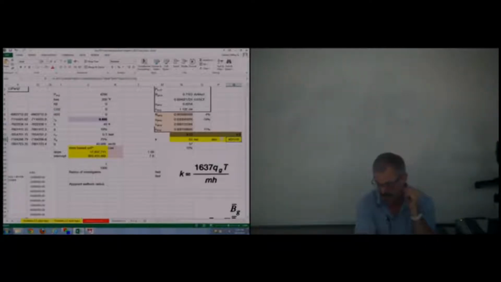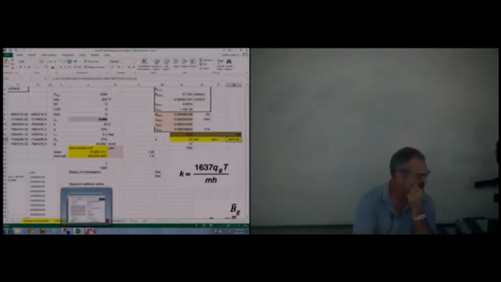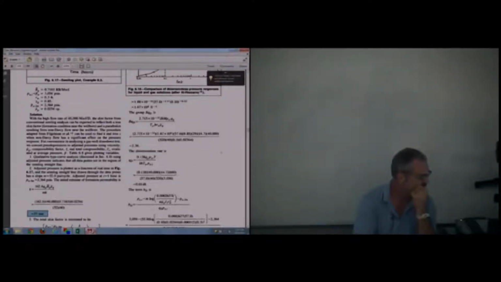Dr. Calvin, when they do the permeability, why do they calculate this? They're using the same equation, but they also have TSC and PSC in there in the book. Which equation are you looking at? The equation where they show the actual calculation. Are they doing it in pseudopressure?